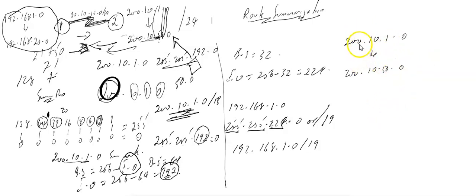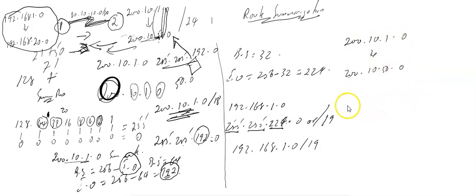You're going to pick the least address in the range and the highest network address in the range, and you convert them to binary. Again, pick the least address and the highest address in the range, convert both to binary.